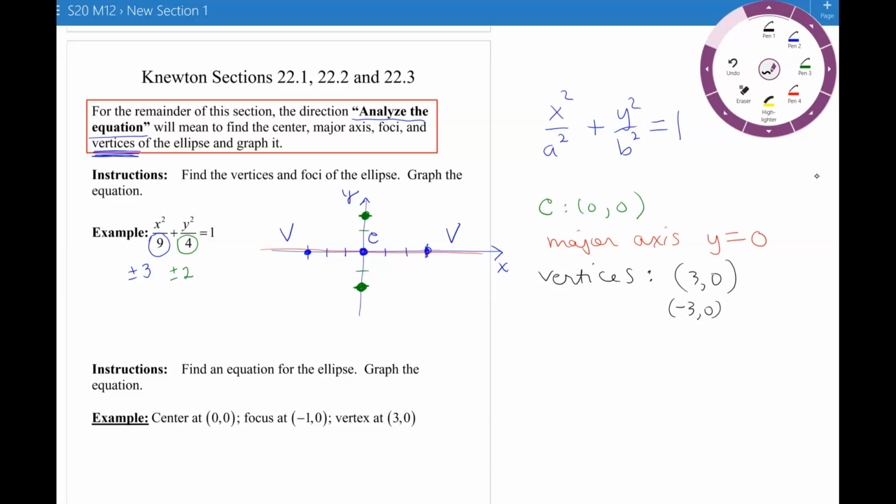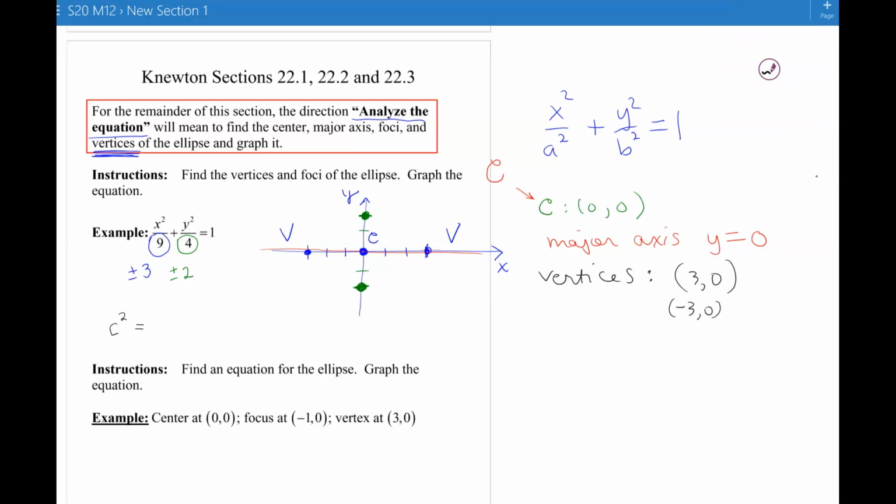So I'd encourage you, if you are going to use one-letter abbreviations, to make sure your C for the center looks somehow different than the lowercase c that's talking about the distance from the center to the focus. So let's look at c squared, which has to be the difference of the denominators. So c squared is going to be 5.